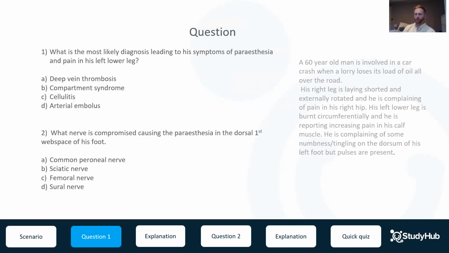Okay, so we've got two questions here again, and the vignette is just on the right-hand side if you need it. Question one: what is the most likely diagnosis leading to symptoms of paresthesia and pain in the left lower leg?